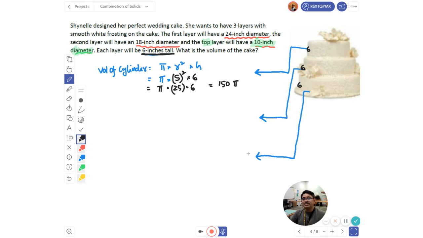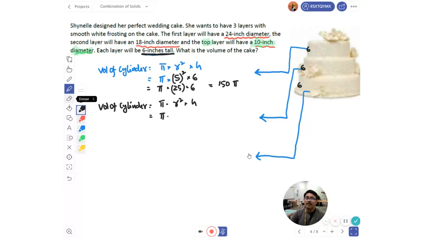And next, coming to the second part, that is the middle layer. This is also in the shape of a cylinder. So volume of a cylinder equals pi times radius square times h. Pi times what is the radius? Please, you have to be really careful. The middle layer has an 18-inch diameter. Diameter means we have to compute the radius.